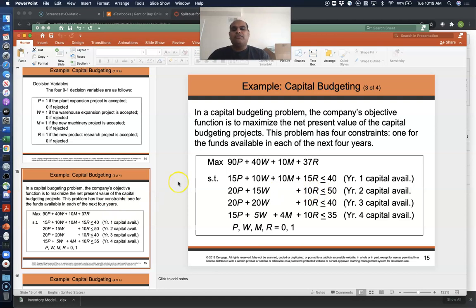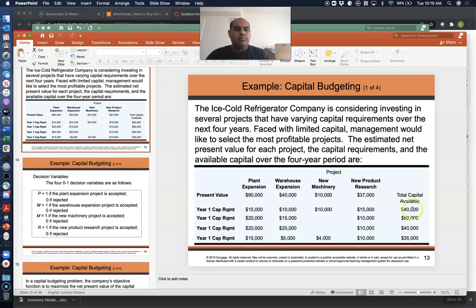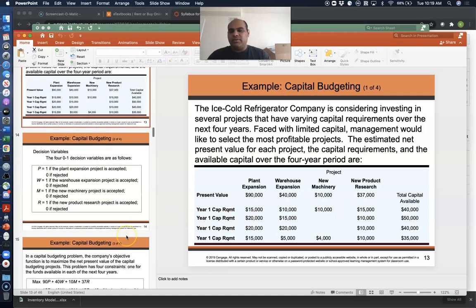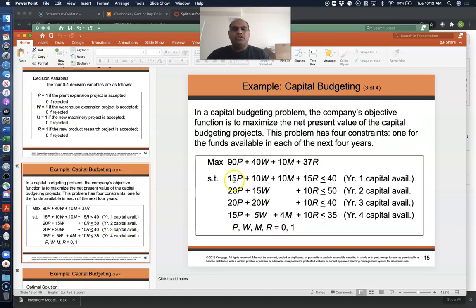Now, the constraints are how much money you have available over the next 4 years. You have a budget of 40,000, 50,000, 40,000, and 35,000 for the next 4 years, and these are the costs. You can obviously not do everything in every year. So for year 1, 15,000 times P plus 10,000 times W plus 10,000 times M plus 15,000 times R. This is the total amount of money that you will spend on the projects, and this has to be less than or equal to 40,000.